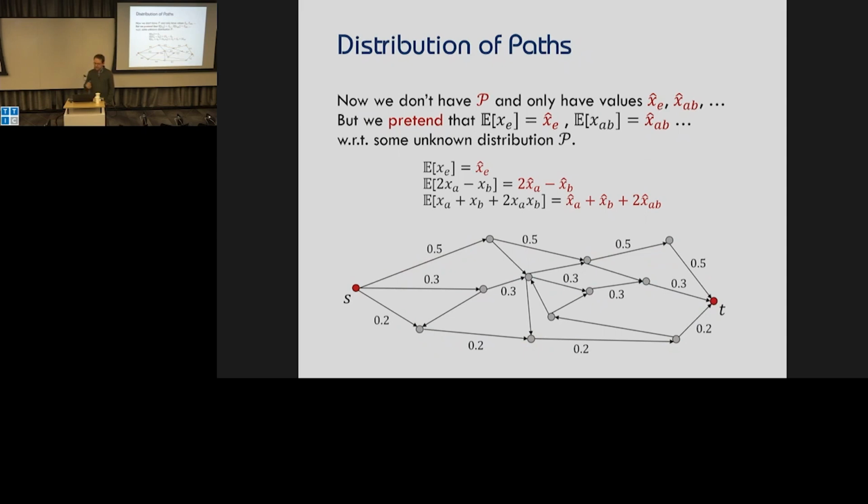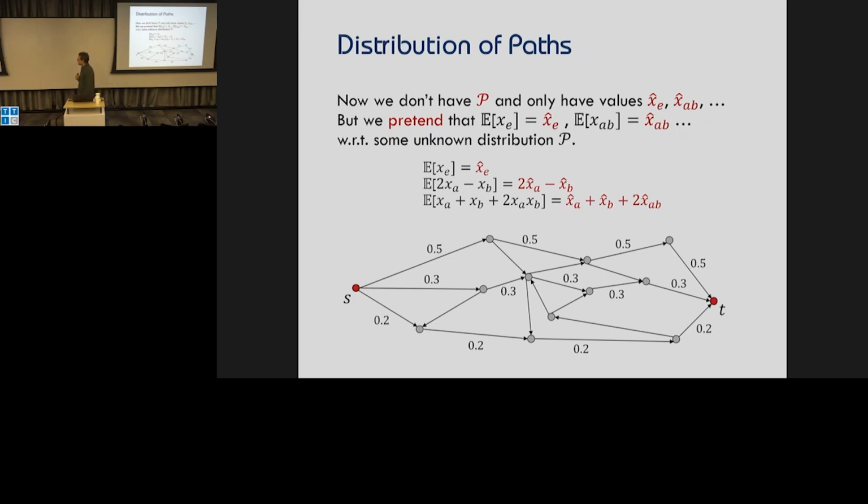Okay, but in reality, we are not given any distribution of paths. But let's assume that we still have values of x hat variables. So we know what XE hat, XAB hat is, and so on. Then we can pretend that there exists some unknown distribution P for which these XE hat, XAB hat, and so on are the desired marginals.